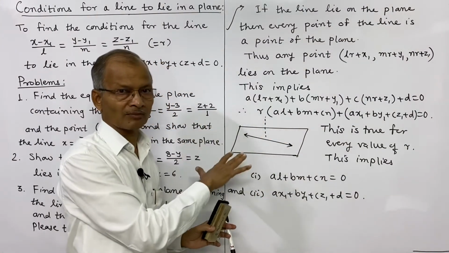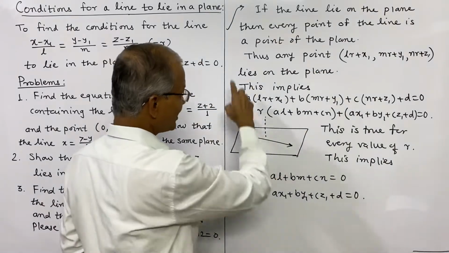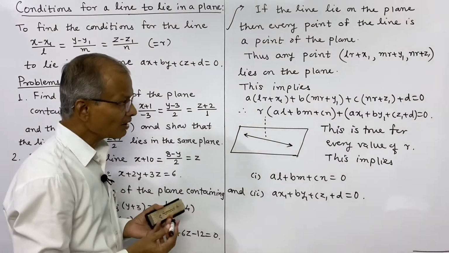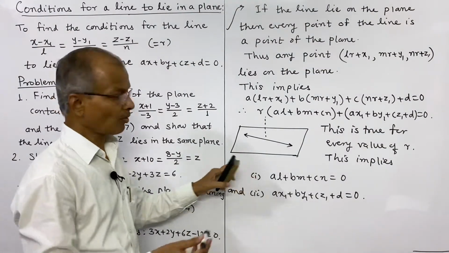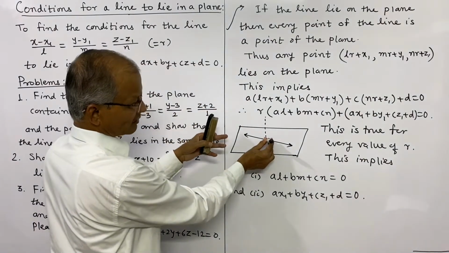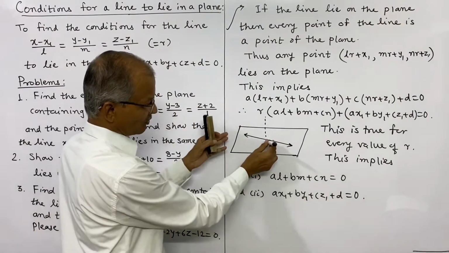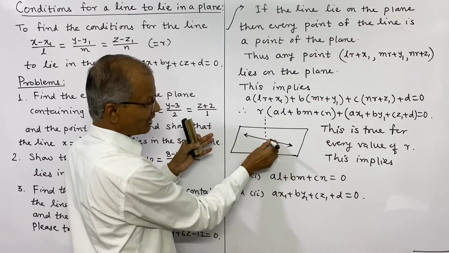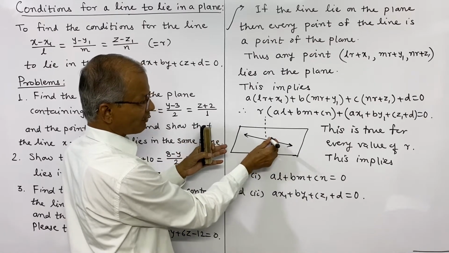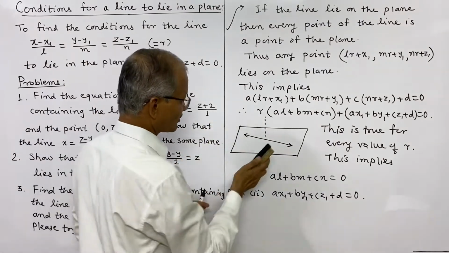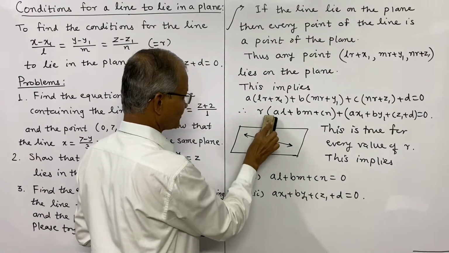If I draw infinitely many lines on this plane of the board, the normal to the plane of the board will be like this, and it will be perpendicular to every line. So that is the meaning of the first condition.